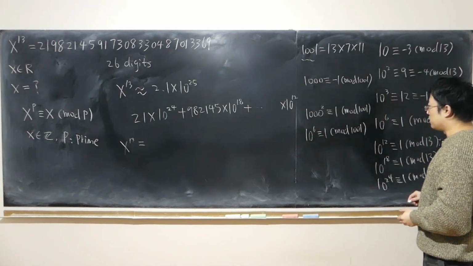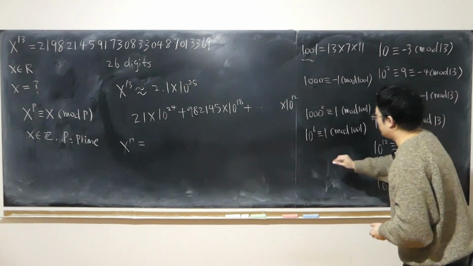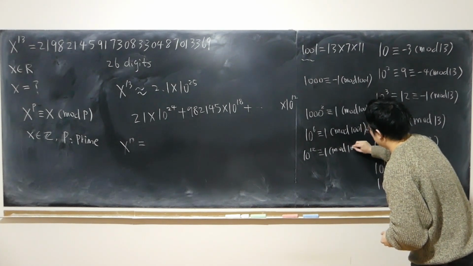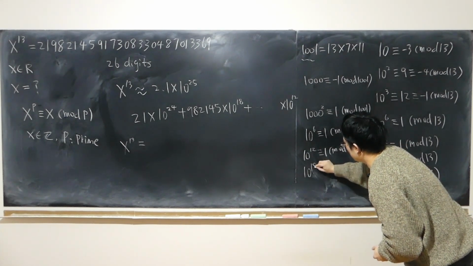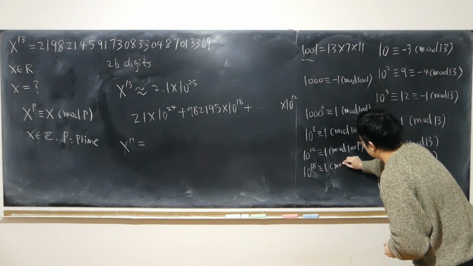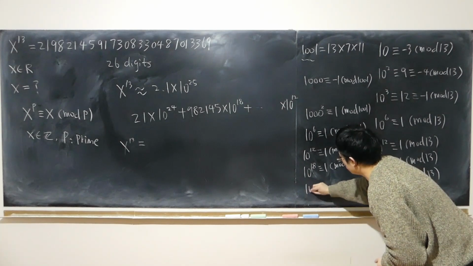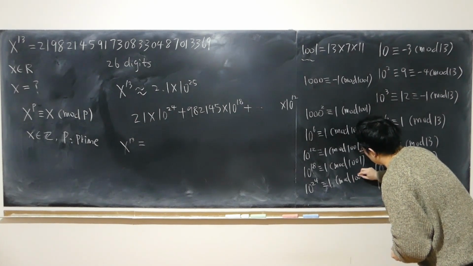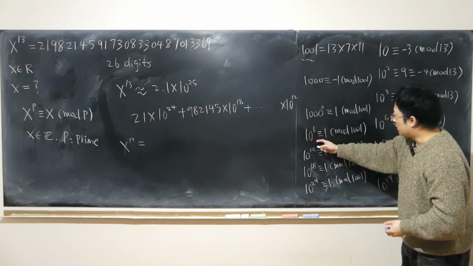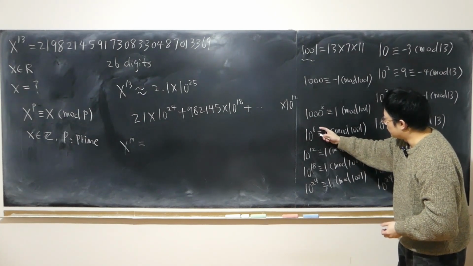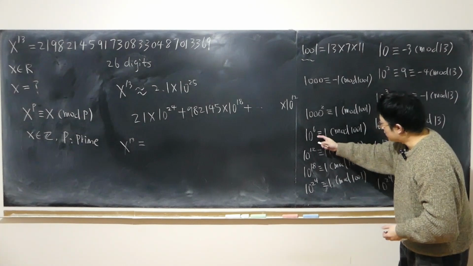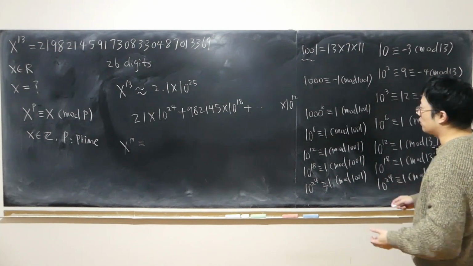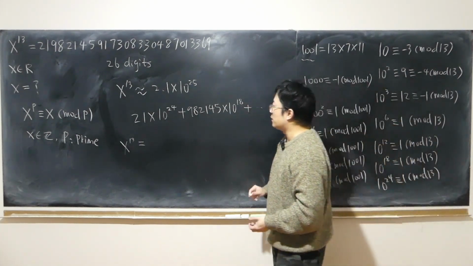Same idea: 10 to the power 12 is congruent to 1, 10 to the power 18 is congruent to 1, same idea, 10 to the power 24, mod 1001. Every time I raise the power, as long as the power is a multiple of 6, then I'm good. That's going to help.